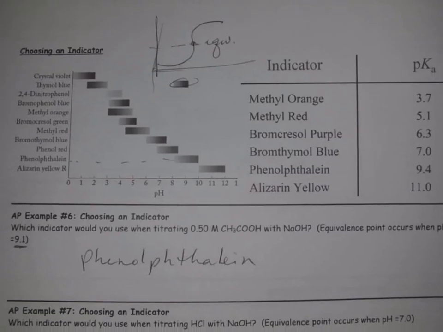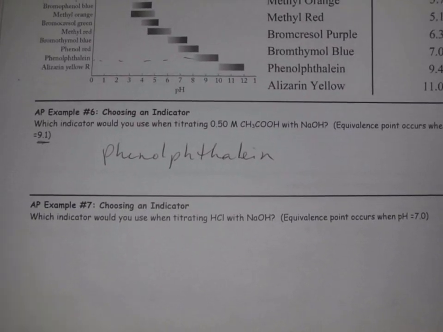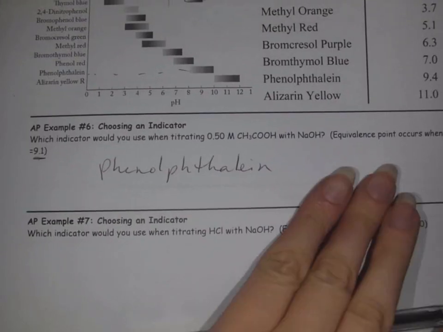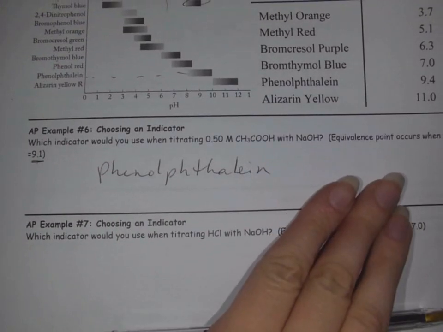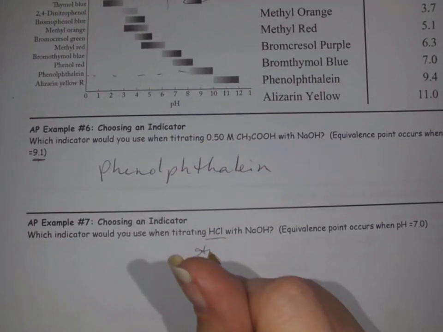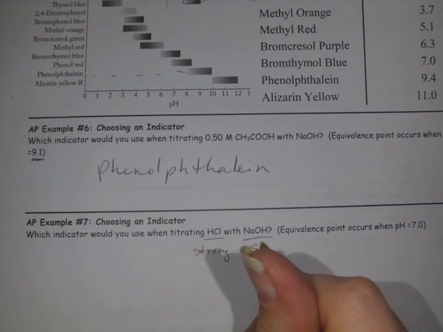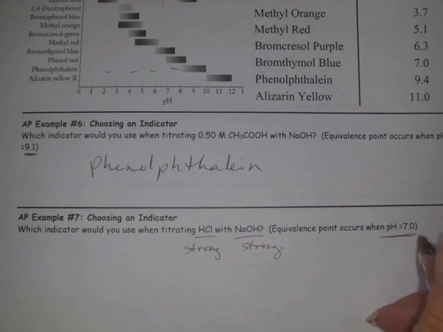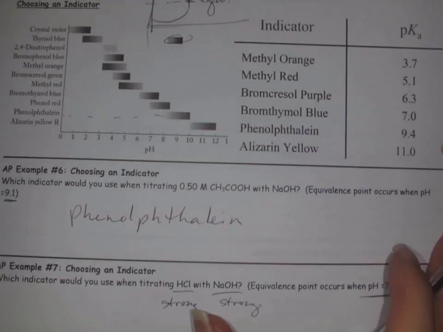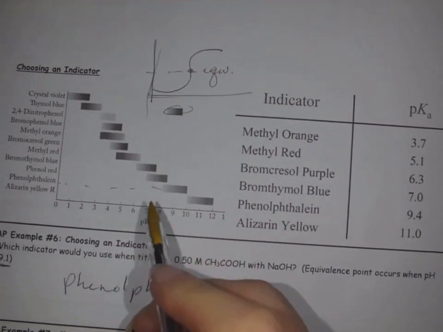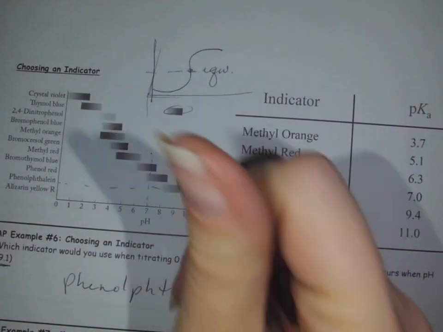Okay, so with that in mind, which indicator would we choose if we're titrating hydrochloric acid with sodium hydroxide? Now, they didn't have to tell you the equivalence point. And the reason why is because, guess what? It's a strong acid and a strong base. And if you have a strong acid and a strong base, the equivalence point should occur at 7. So then we need something that changes color at a pH of 7.